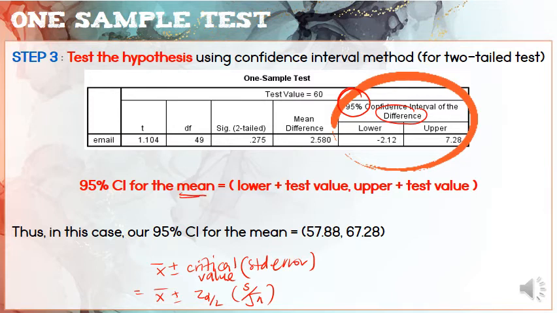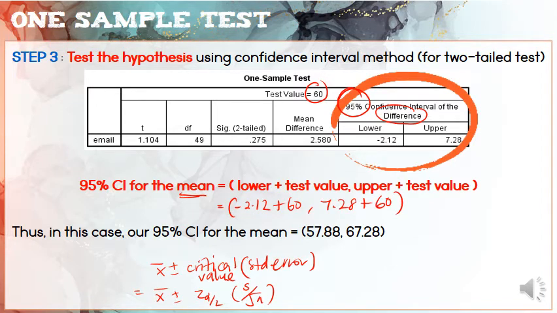So what you need to do is you need to add your lower and upper boundary dengan your test value here. So in this case, your 95% confidence interval for the mean will be negative 2.12 plus 60 and then 7.28 plus 60.